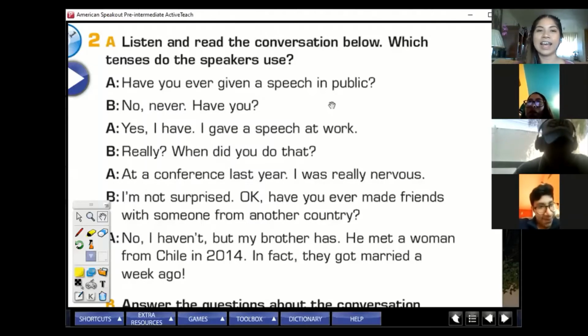Good. And observe that this is experience. Can you find another example of experiences in this conversation? Do you see another example like this? Have you ever made friends with someone from another country?